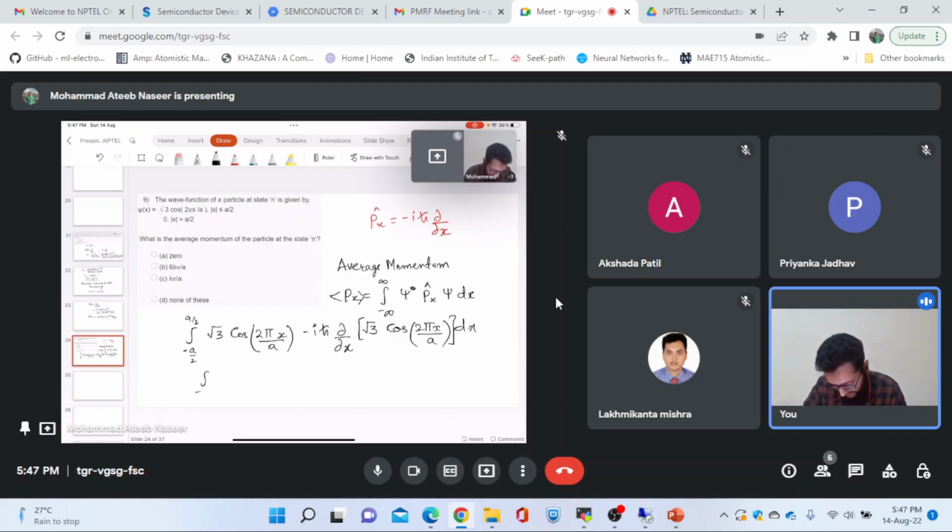This will simply be the integral from minus a by 2 to plus a by 2, taking the constants out.